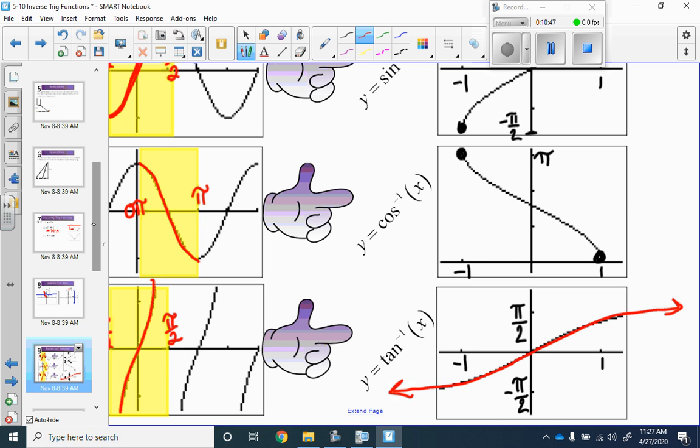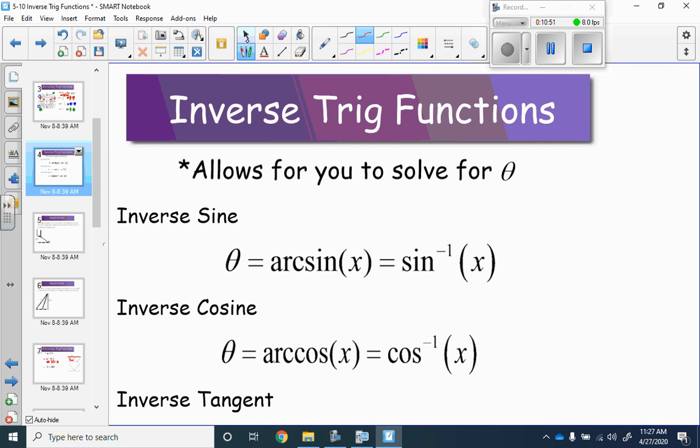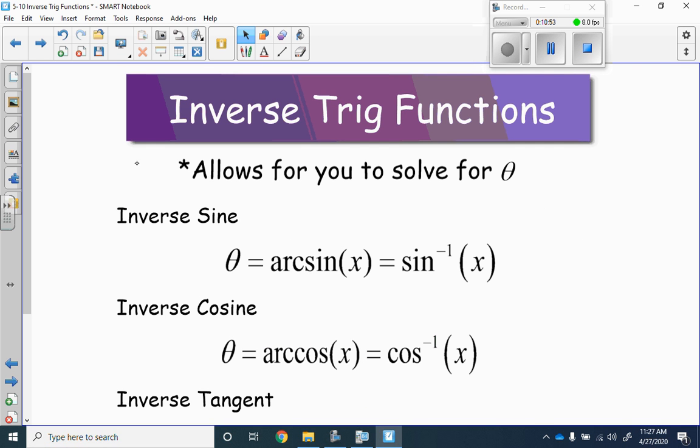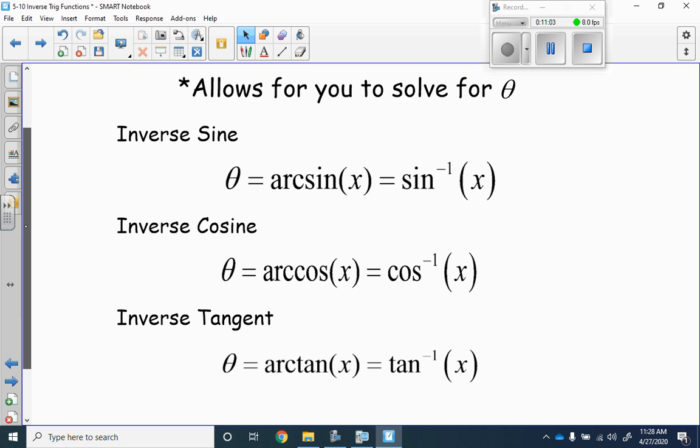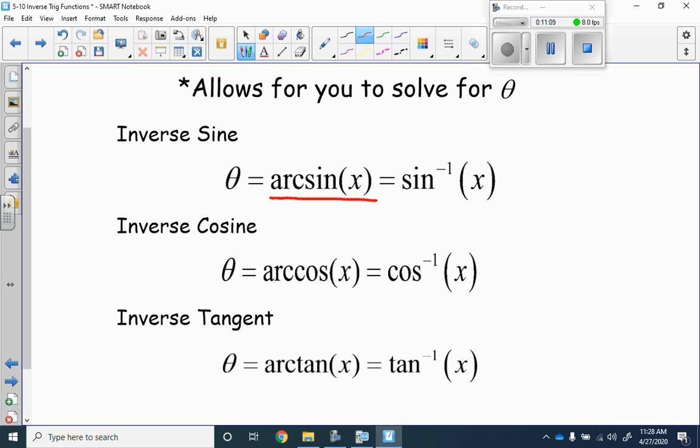Alright, so where does that lead us to? First of all, I want to show you that there are some different ways that you might see inverses being written out, and it just totally depends on what subject matter you're working with. If you get into like the physics world, instead of seeing that superscript of a -1, you're going to possibly see the word arc sine.